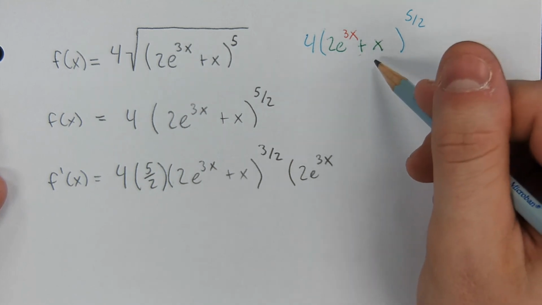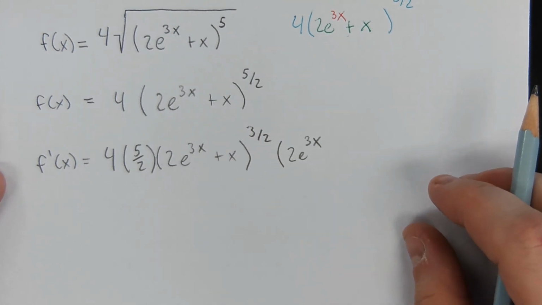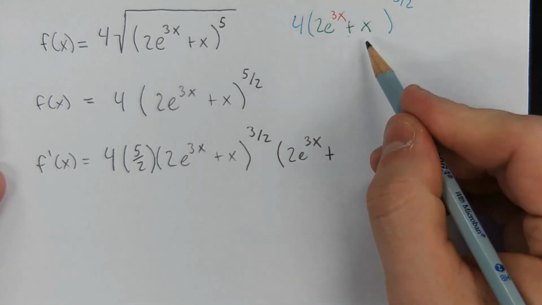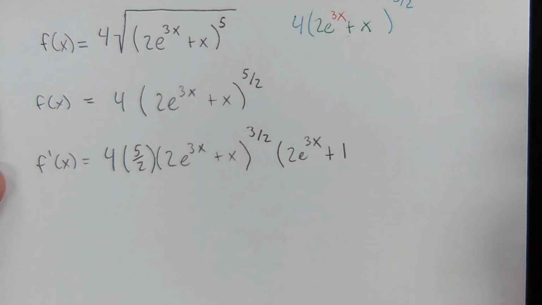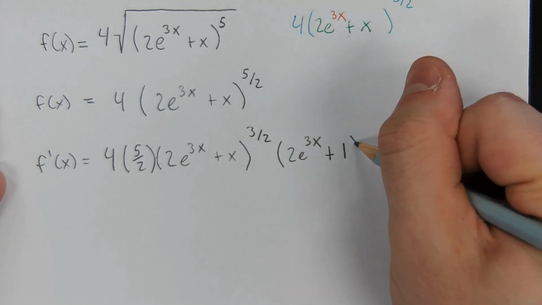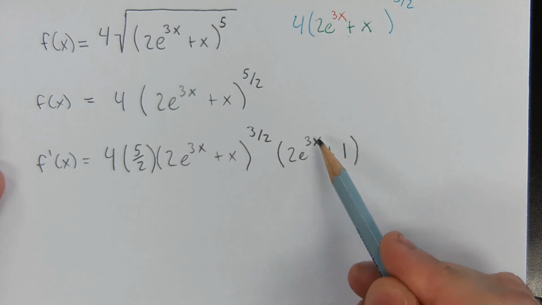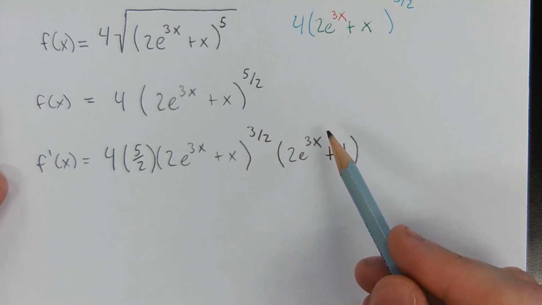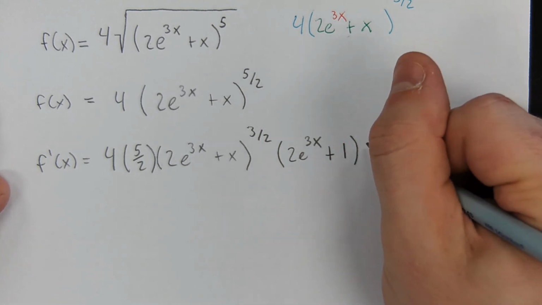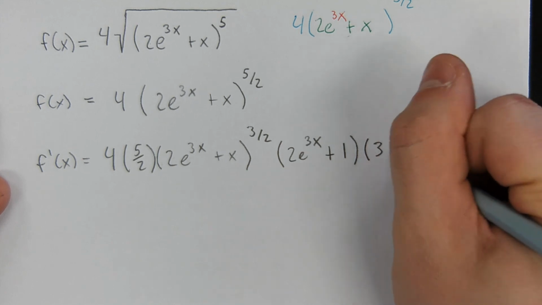I'm still working the green derivative. It's the exponential plus 1, because that's the derivative of x. Now, when I did the derivative of the inside, it required me to talk about an exponential whose exponent has a derivative that is not a 1. So lastly, times the derivative of its exponent, which is that 3.